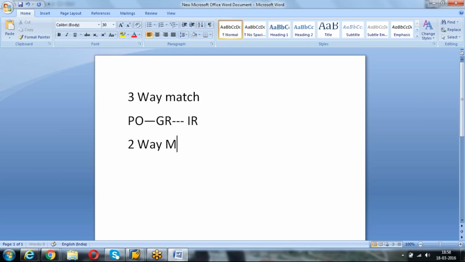And the two-way match process will be PO and then IR. Two-way match we generally use for consumables where you don't have to maintain inventory, and it may not be required to do the goods receipt for tracking. The three-way match process we use for almost all direct materials, and for some materials, although you don't maintain inventory, you need tracking of the goods receipt.